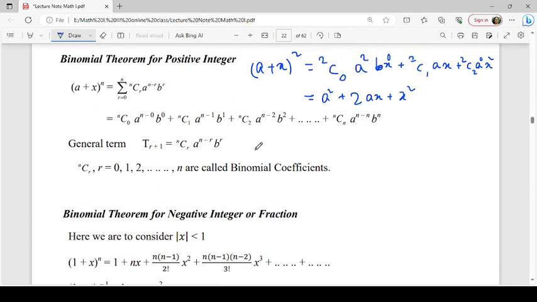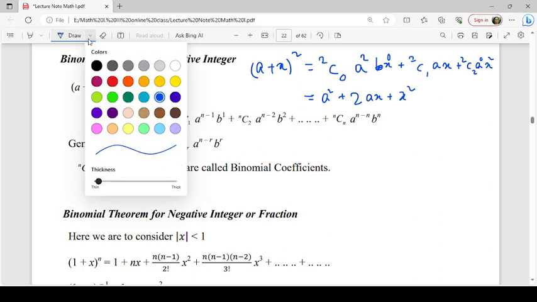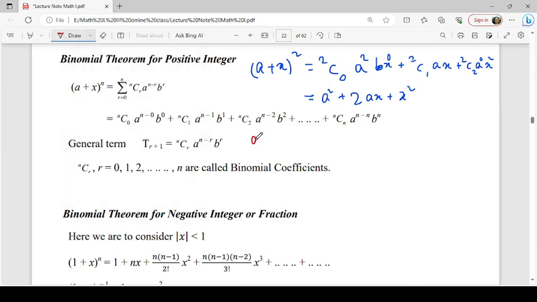So if we write here, a minus x whole to the power n is nC0 a to the power n minus 0, that is n, then x to the power 0, plus nC1 a to the power n minus 1, because it is minus x whole to the power 1, plus nC2 a to the power n minus 2 and minus x whole to the power 2.